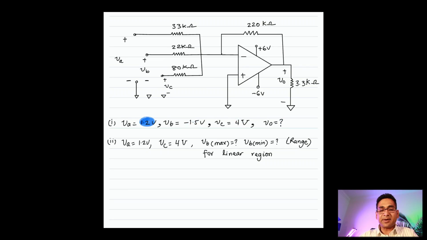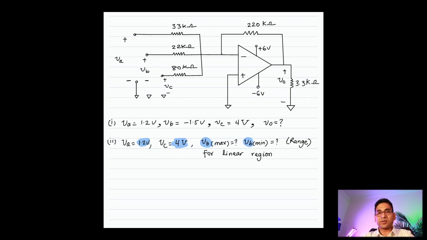The second part of the problem gives you a value for VA and VC, and you are asked to find the range for VB, meaning VB maximum and VB minimum, such that the op amp does not saturate.